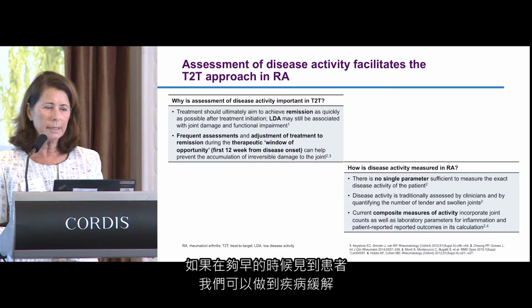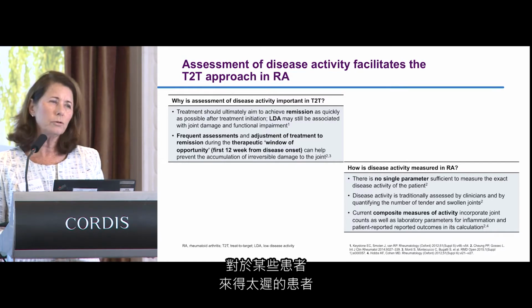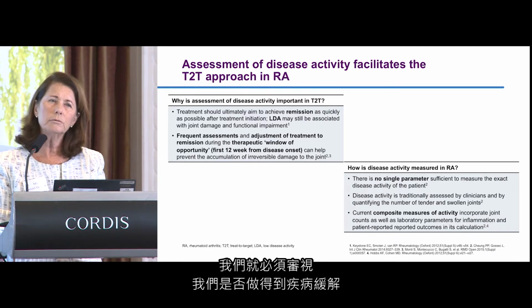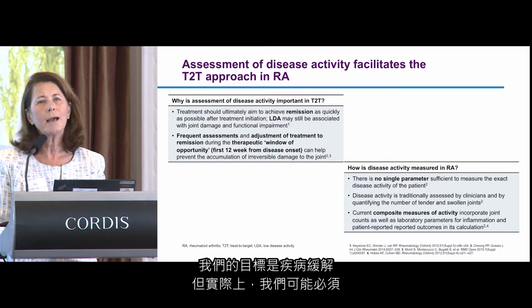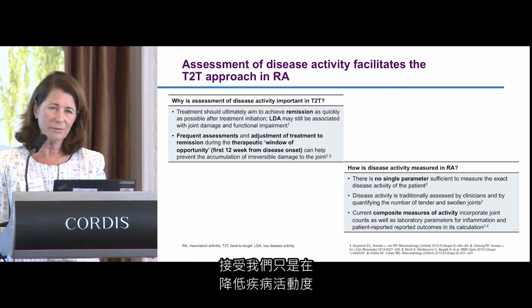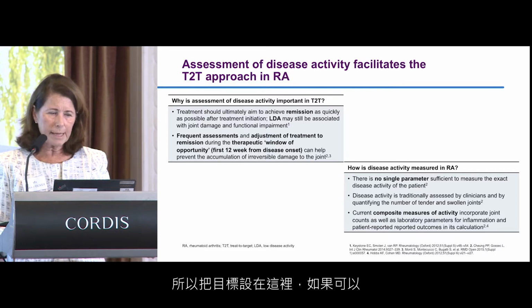And if we see them early enough, we can achieve remission. For some patients who've presented late or have very, very aggressive disease, we will have to review whether we can achieve remission. We will aim for remission, but we might actually have to accept that we're going for low disease activity. Okay, so we will aim for that if we can.